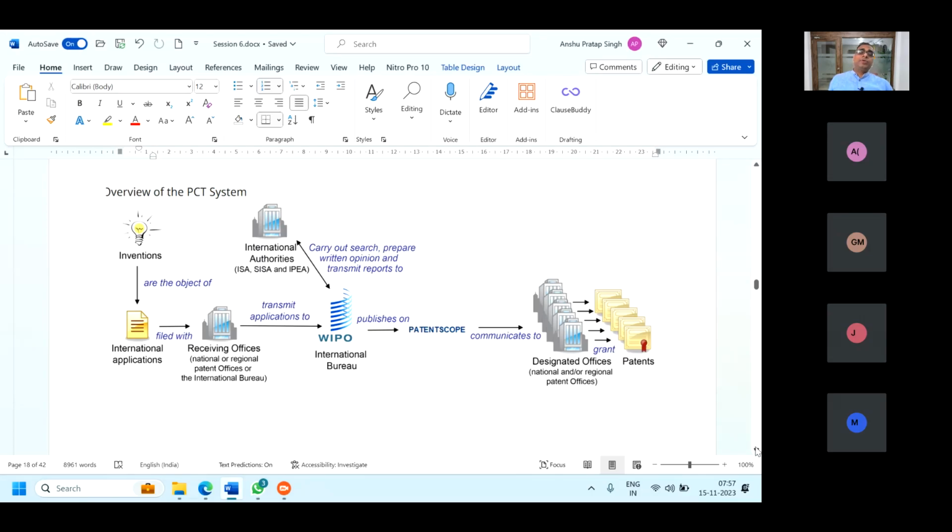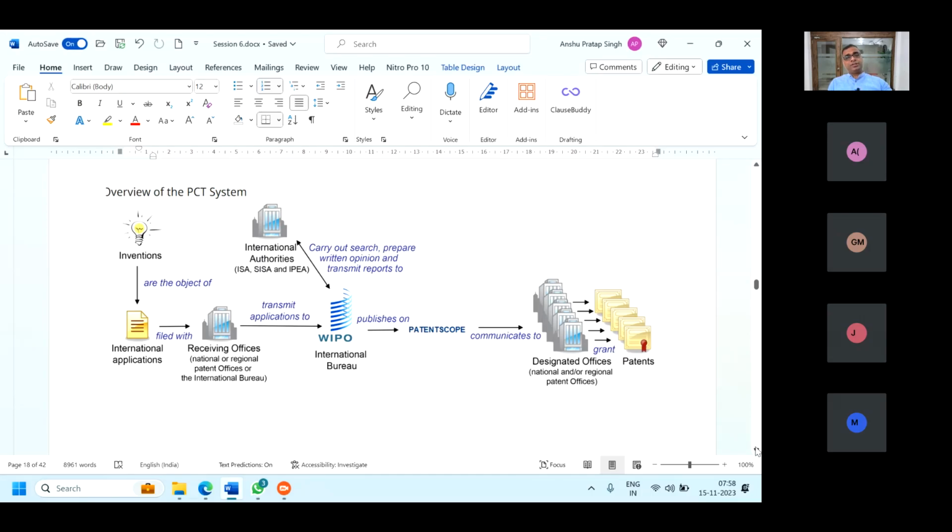The WIPO International Bureau will publish it on PatentScope, that is their site, and WIPO will communicate this to the designated offices which you have chosen, where the patent should be granted. So it is simple. There is an international application.